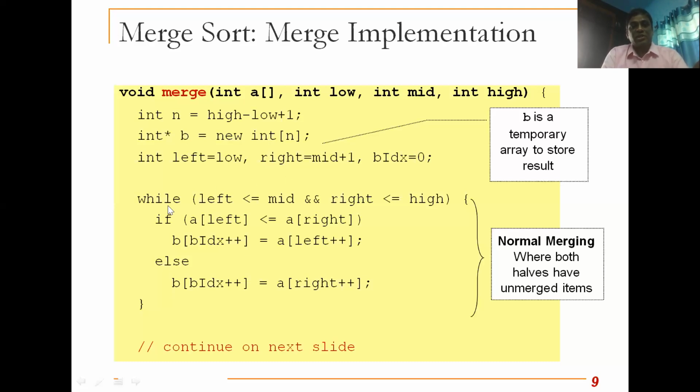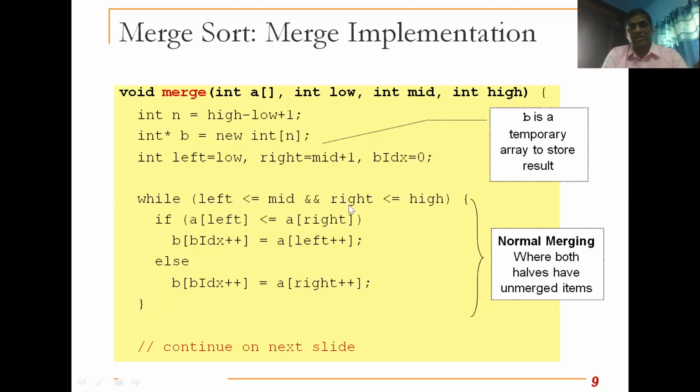Okay, so this while loop ensures that one of the lists is completed. So while left is less than or equal to mid and right is less than or equal to high, what does that mean? Left is the index at the leftmost pointer, and mid is the ending point of the first list. So while left is less than or equal to mid, it means that there are elements to compare in the first list.